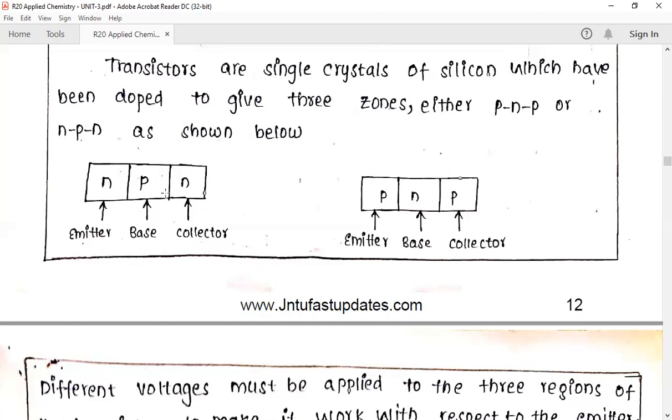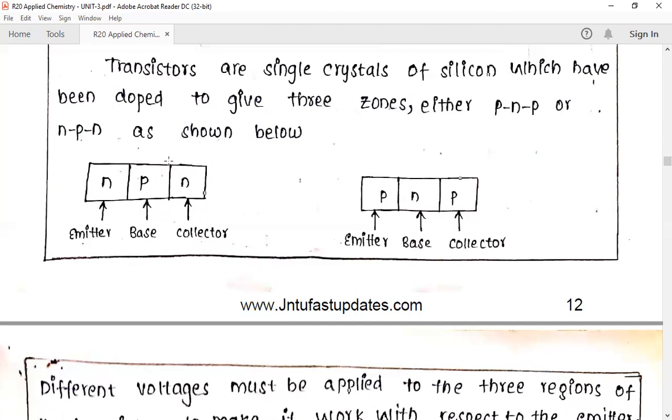Whereas coming to the NPN junction transistor, it is formed when the P-type is sandwiched between two N-type regions. In this, the emitter is N-type, the base is a P-type region, and the collector is again an N-type region.